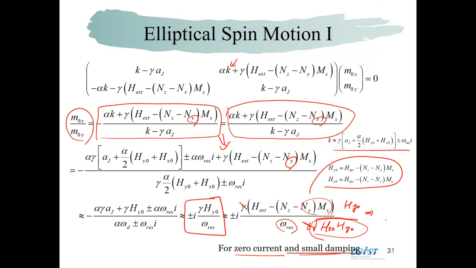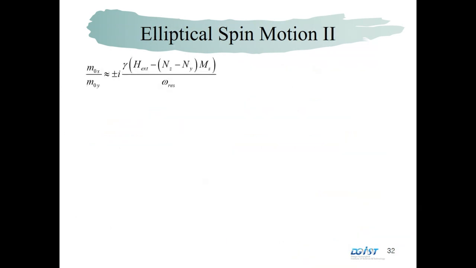So the result is plus or minus i root hx0 over hy0. Yeah, that's right. So this is the ratio of these two fields. That means the magnitude of the oscillation in these two directions will be determined by this form.